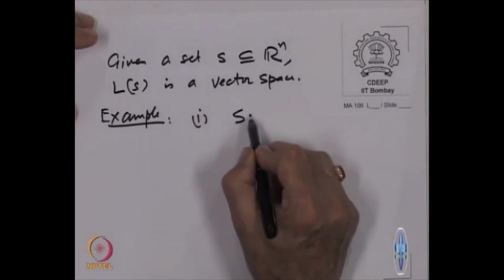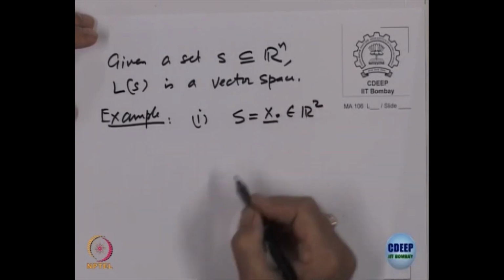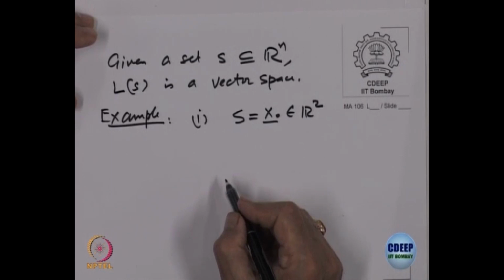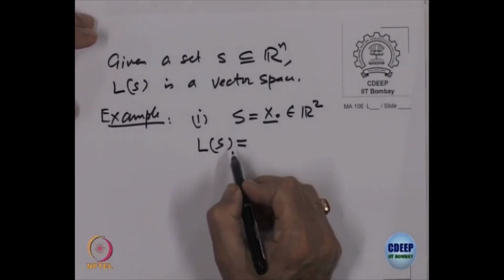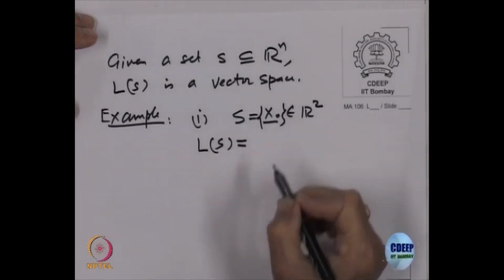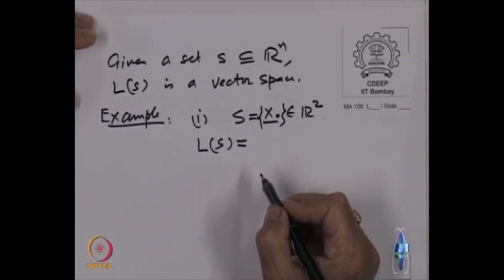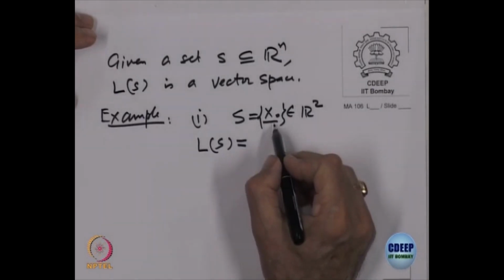Let us take S equal to x naught belonging to R 2, right. Then what was L S? S is a single vector x naught, it is a set consisting of only one element, right, x naught.